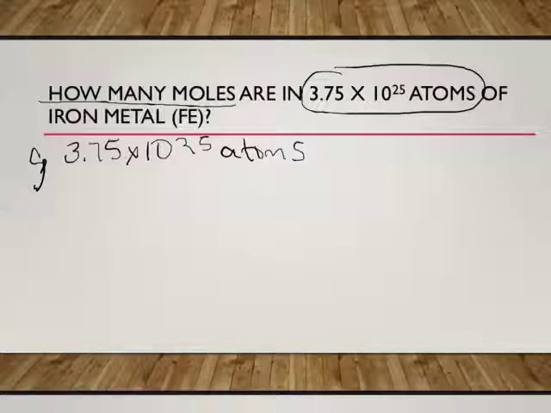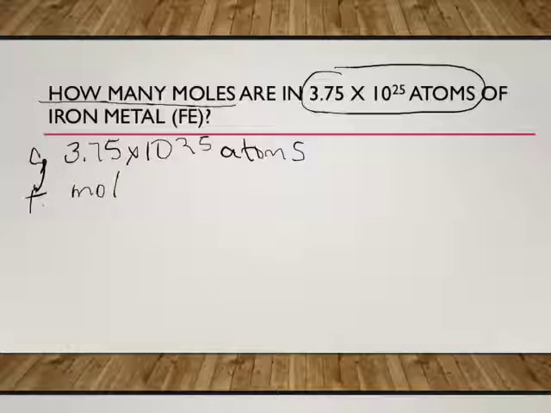Atoms, because we're talking about an element, just elemental iron, so we use the descriptor atom for that. And what we're trying to find is, what does that mean in moles?